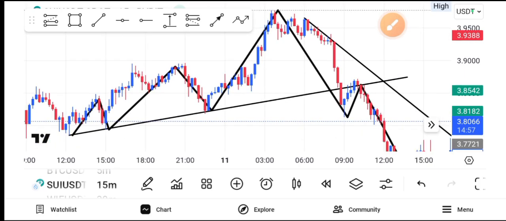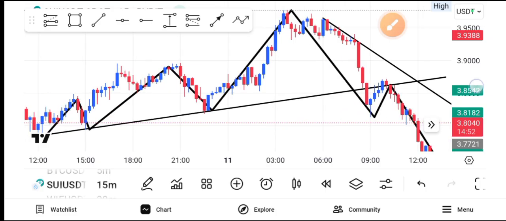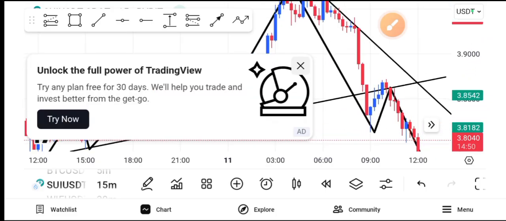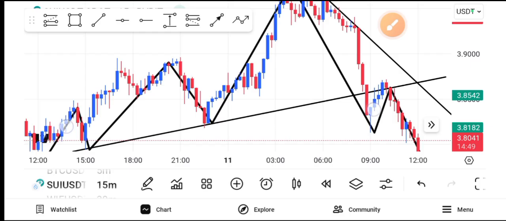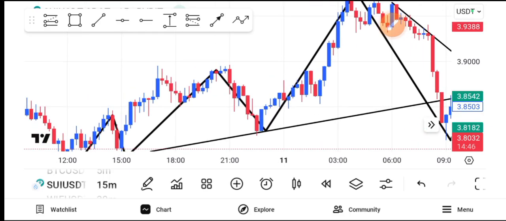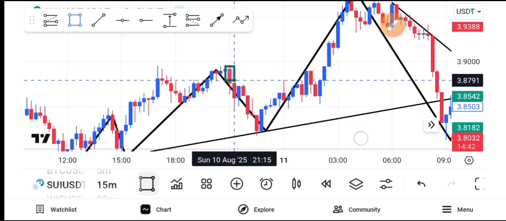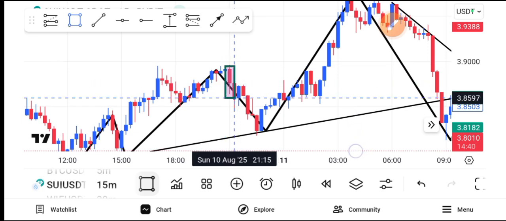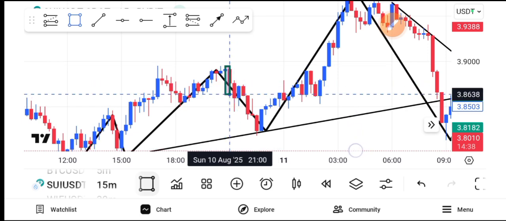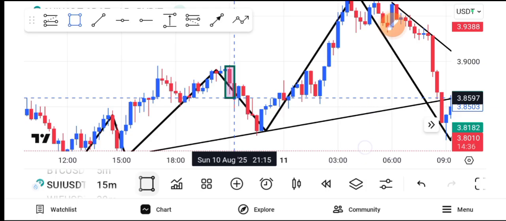Here is another bullish. This is the bearish engulfing candle here. Look at the bearish engulfing candle at this point. At this point, the bears, which are sellers, overpowered the buyers.